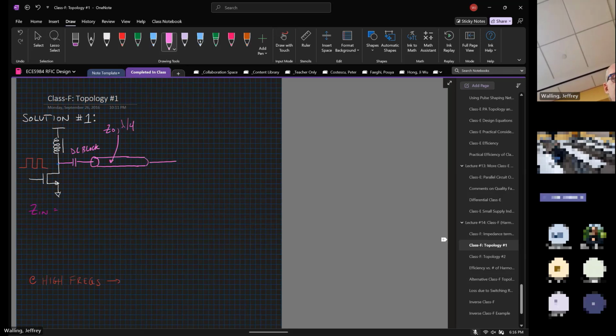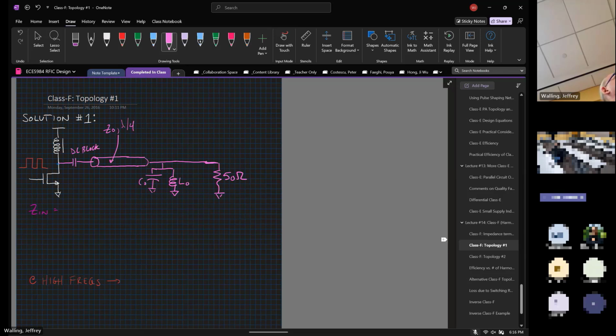I'm going to add a resonant network, and I'm going to put a 50 ohm load at the output.